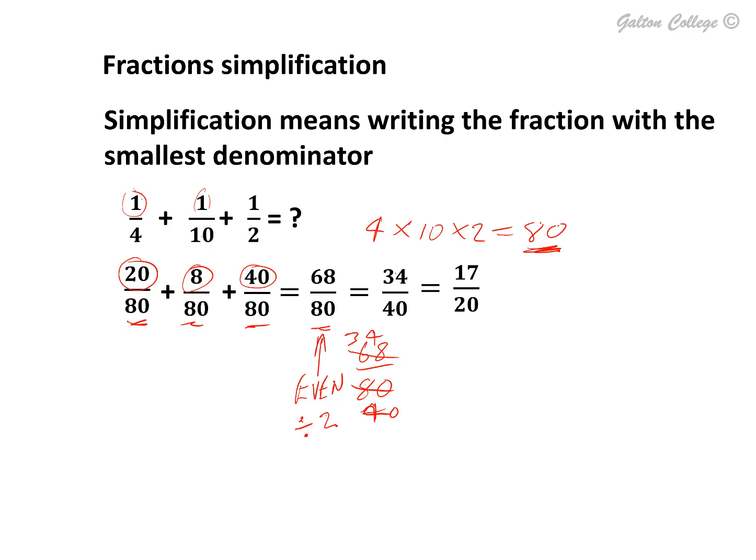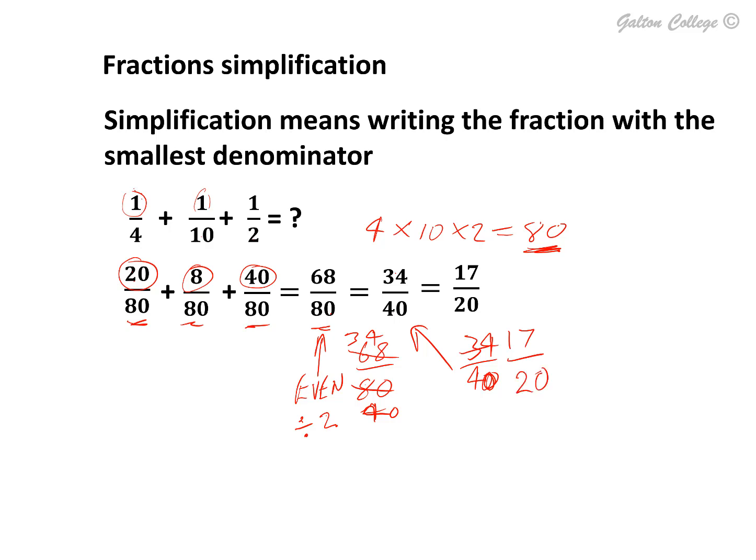But again, you see, this 34 over 40, we can play with that. Because again, 34 is even, and 40 is even. So we could divide that by 2, which gives us 17, and divide this one by 2, which gives us 20.